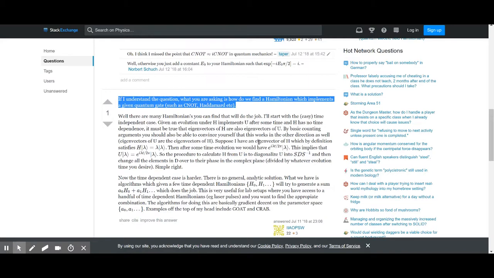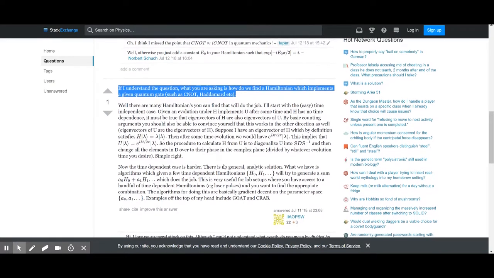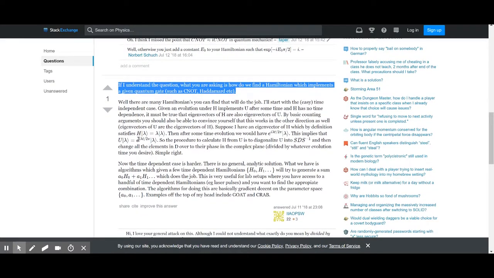Given an evolution under H implements U after some time, and H has no time dependence, it must be true that the eigenvectors' phase also matches. So the procedure to calculate H from U is to diagonalize U.